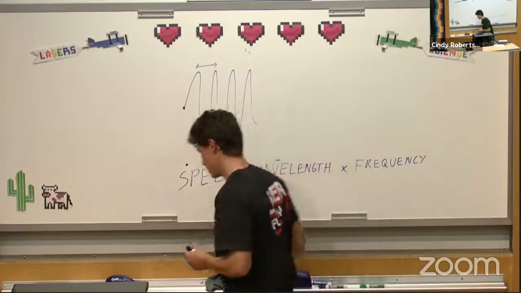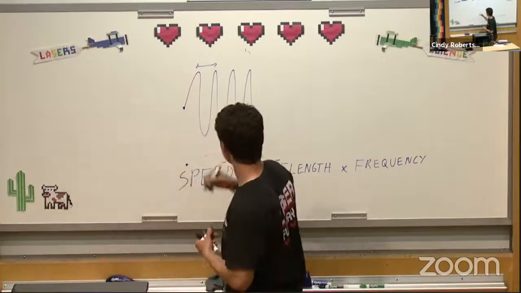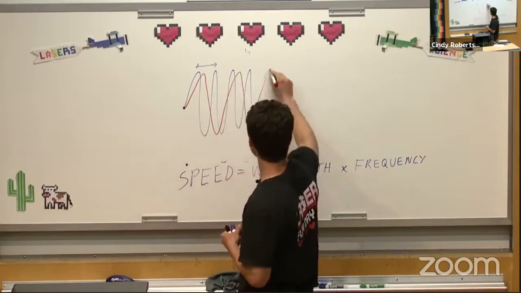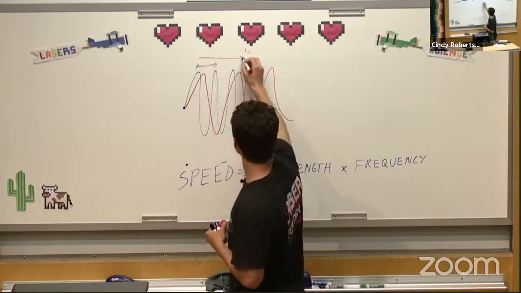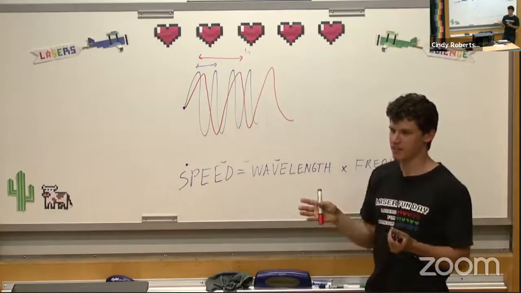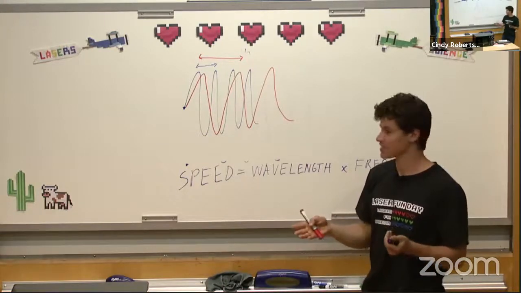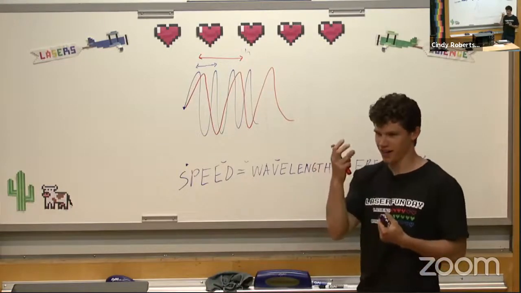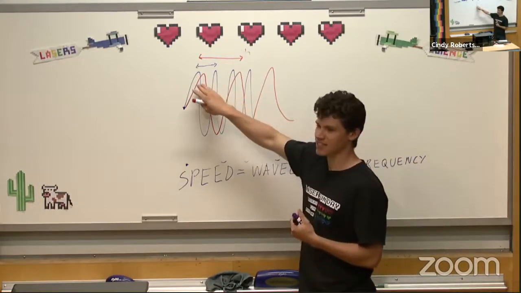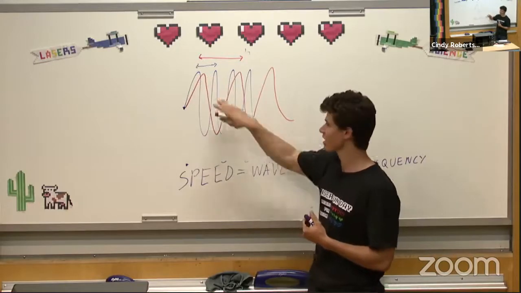And if we have red light, the distance is going to be longer between them. And that's what differentiates them. That's what makes them different. And we have cells in our eyes that can tell the difference between waves that have a wavelength like this, like the red light, and the blue light.